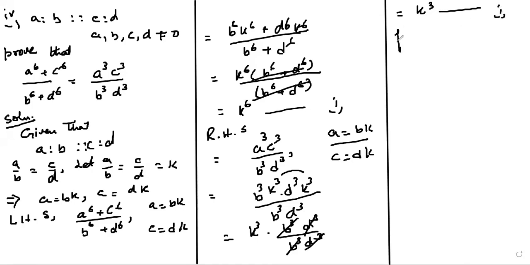So from 1 and 2, everything equals K6. So left hand side equals right hand side, which equals K6.